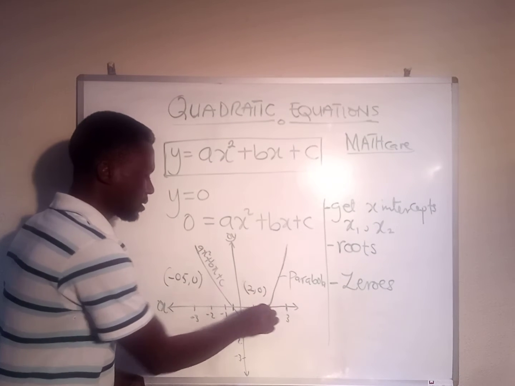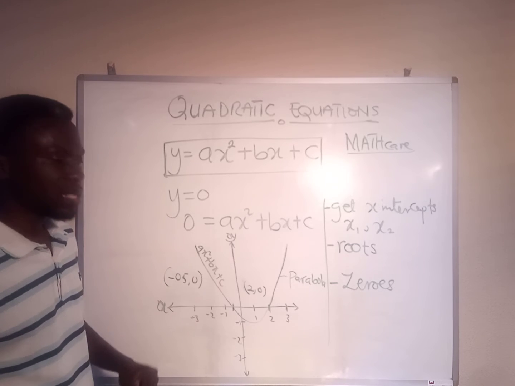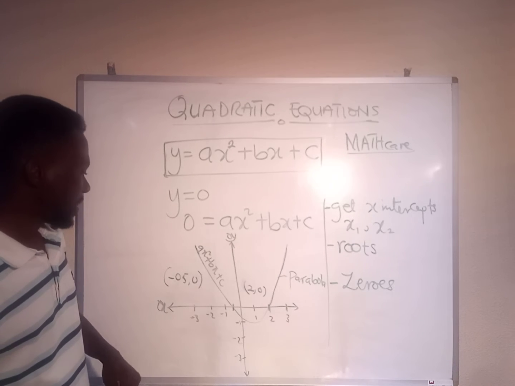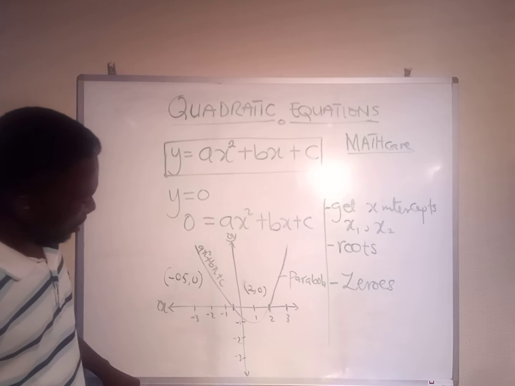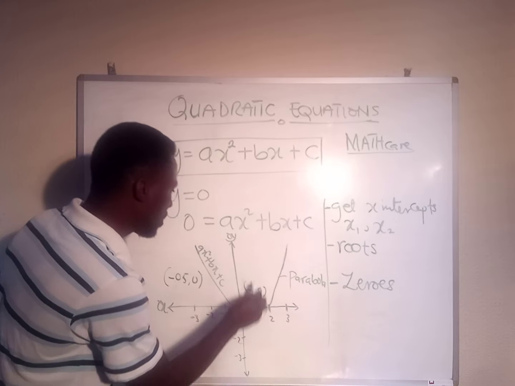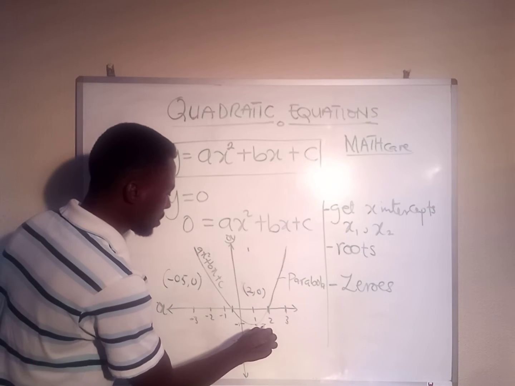So that is it. Then the other thing that we can also learn about this parabola is the vertex. This point is the vertex.